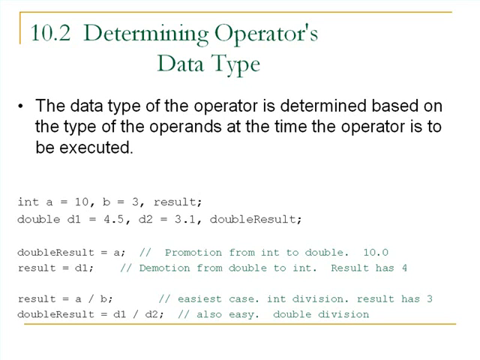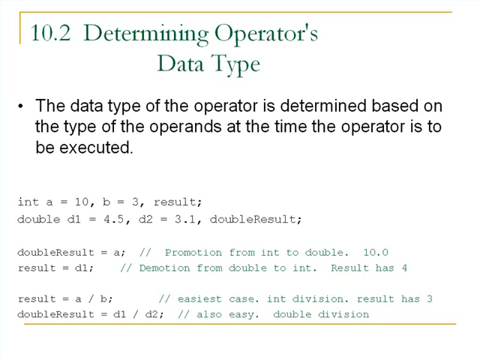That doesn't sound very significant, but let's look at the next one. We have result gets D1. Result's data type is int, and D1 is double. Now we have a problem. D1 has 4.5. We can't put 4.5 in result. It can only hold an int.